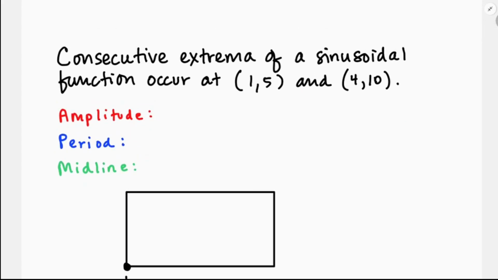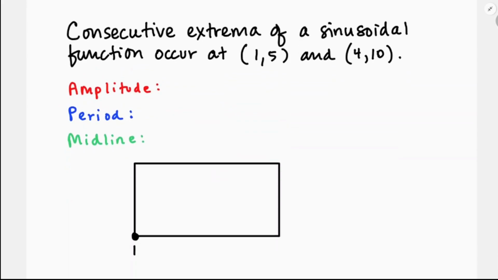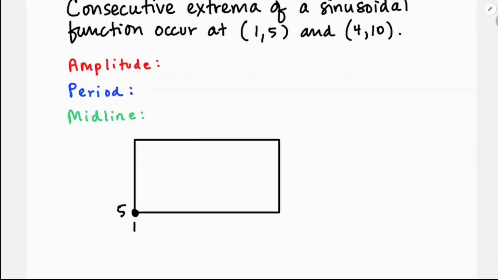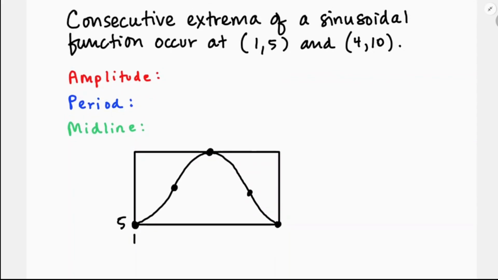The height would be 5, and then the maximum, I'm going to draw this as like a negative cosine graph, I guess. It doesn't have to be perfect, but I think this is the way to go if you're trying to answer these types of questions, is to just draw yourself a little replica of the graph. That's my advice. And 4 would be right here, and the output would be 10.